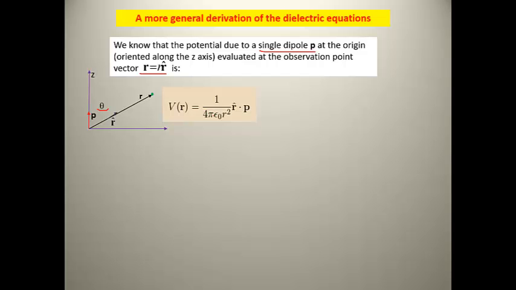I've got 1 over 4 pi epsilon naught over r squared, so the potential of a dipole goes as 1 over r squared, and then we have r hat dotted into the vector p. If that's a little strange, remember that we've often written this in this form here. So we have V of the magnitude of r and the angle theta in terms of p, and this time it's cosine theta over r squared. This r squared is this one right here, and r hat dot p is p times cosine theta.